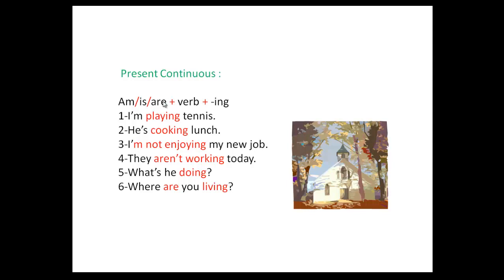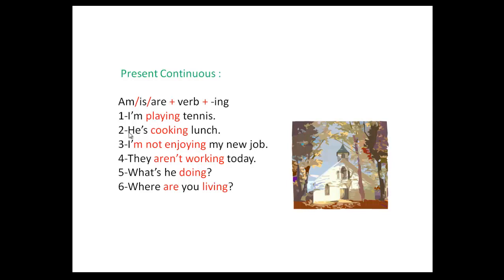What about questions? If I want to make a question, how can I do that? We can look at example number 5. What is he doing? Here we change the places of the pronoun he and is.